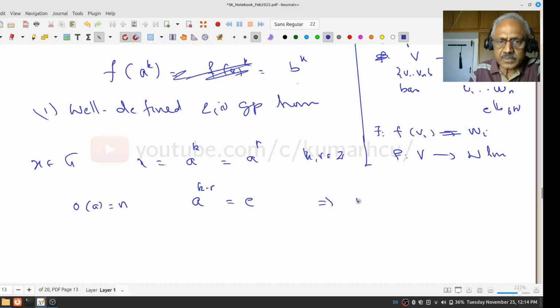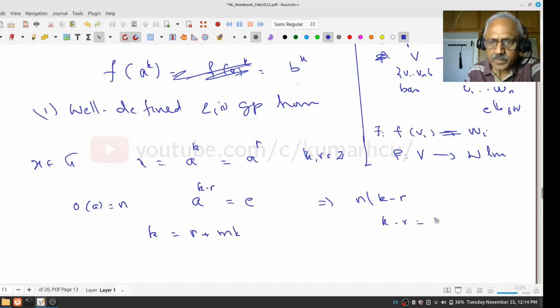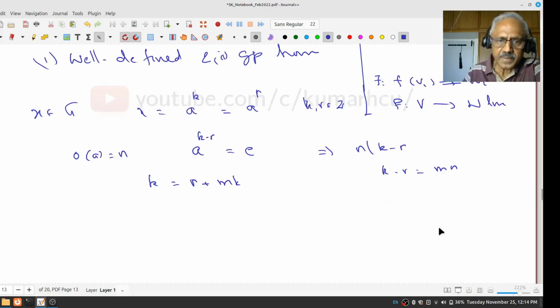Therefore that means n divides k minus r. Therefore, I can write k equal to r plus mn. Therefore k minus r is a multiple of n. Yeah? Therefore k is r plus mn.